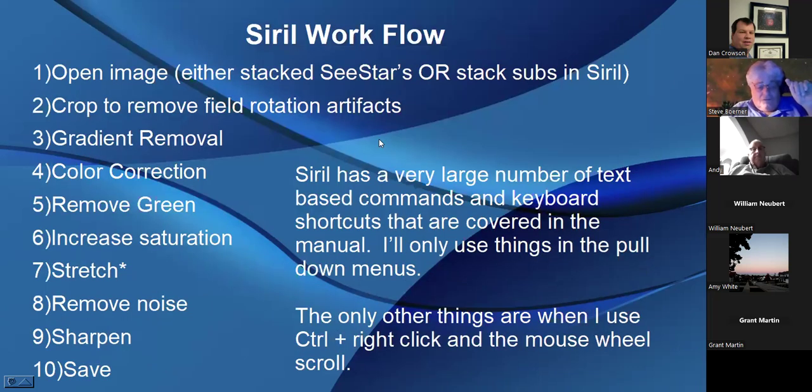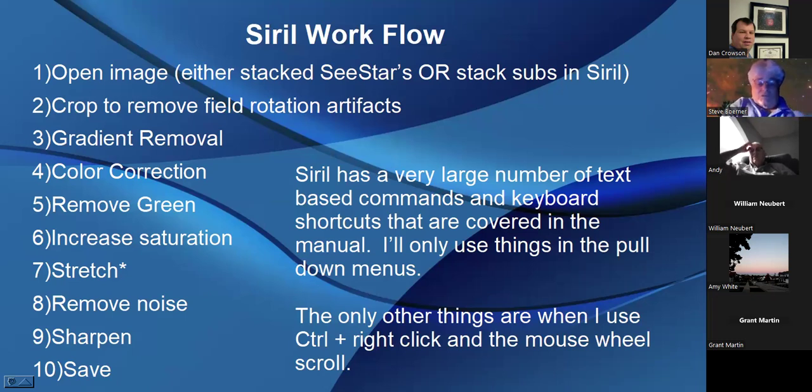With Siril, you've got to have a workflow, and this is the workflow that I use. I'm going to open an image, and it can be one of the stacked images I get directly out of Seestar, or I can open all the sub-exposures that I have, and I can have Siril stack them for me. You might ask yourself, what's the advantage of one versus the other?